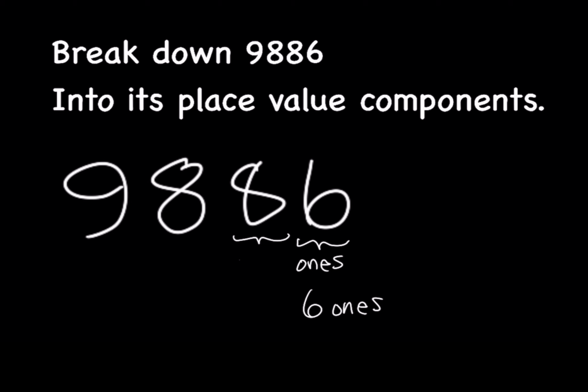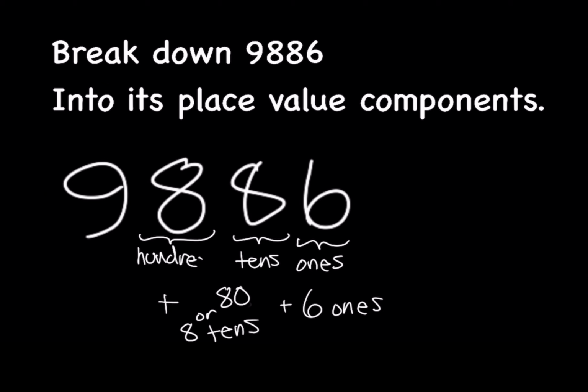Next we have our tens place value, which represents each 10, and we have 8 of them. So 8 tens. How much is 8 tens? Well, that's also known as 80. Plus, now we have our hundreds place. And we have 8 of those as well.